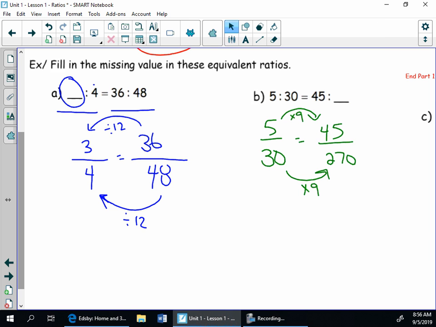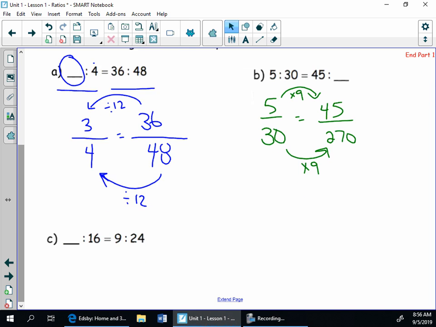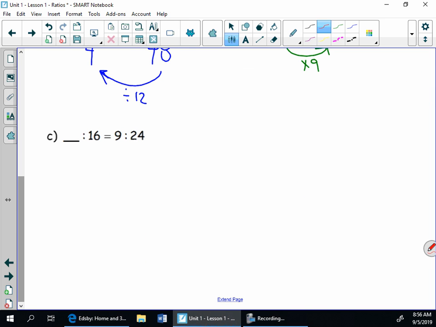Let's try the third one here. You guys can pause it. See if you can figure this one out yourselves. Something over 16 equals 9 over 24. Ooh, messy there. I can't really turn a 16 into a 24. So let's try my dividing trick. 24 divided by 16 is 1.5.